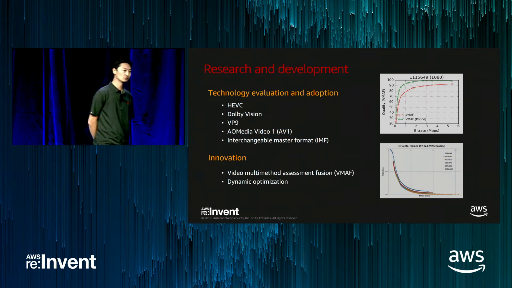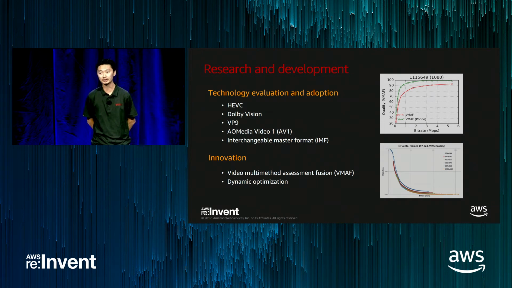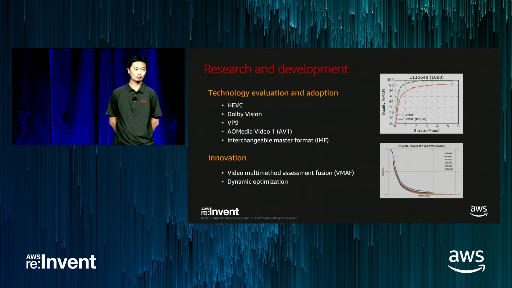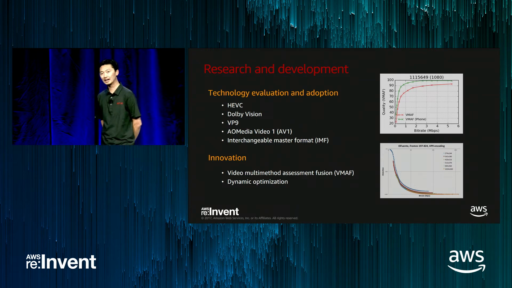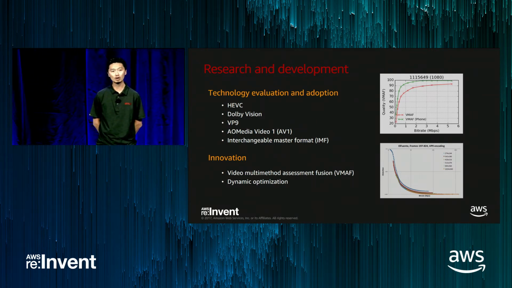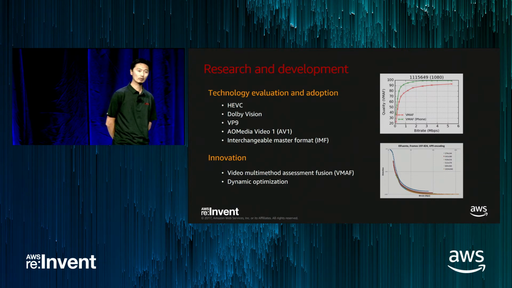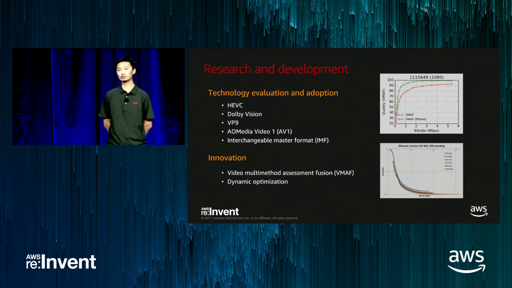In terms of innovations, our very talented video algorithm team came up with what we call VMAF, perceptual visual quality, in addition to PSNR. We use this index to evaluate the encode to figure out what is the perceptual quality in a very consistent manner. And with this, we were able to detect any degradation of a video encode or any improvement.